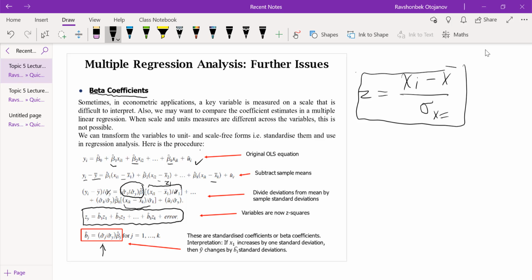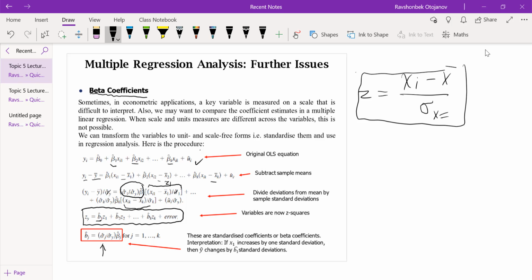So interpretation is the same as before, except that in this case, the b1 hat is basically the effect of z1 on zy, or the standardized x1 on standardized y. Now we usually say this: when x1, or whatever the variable here, increases by one standard deviation, the dependent variable increases or decreases by b1 hat, by this amount.